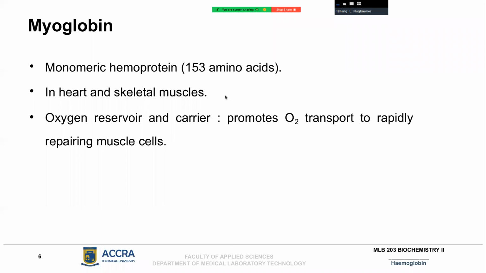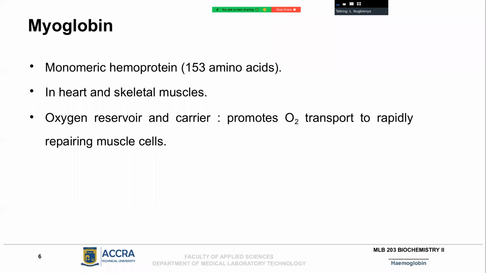So what that means is that you have myoglobin being just a globin protein with heme attached to it, especially in the heart and skeletal muscles, for the carriage and some temporal storage of oxygen.